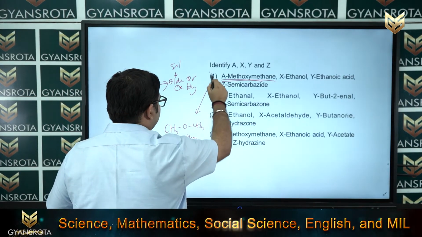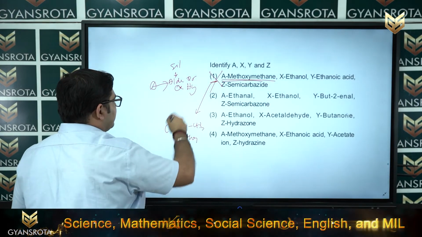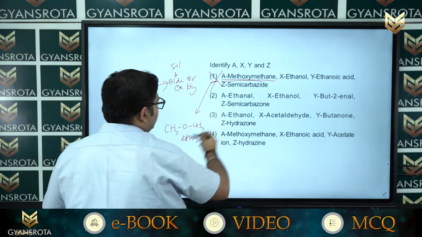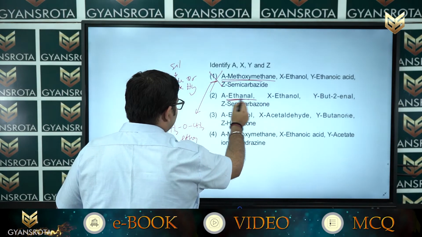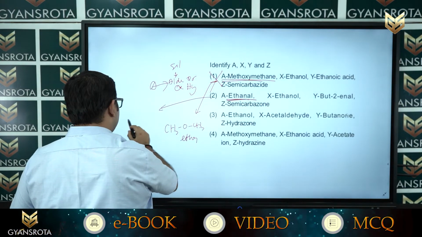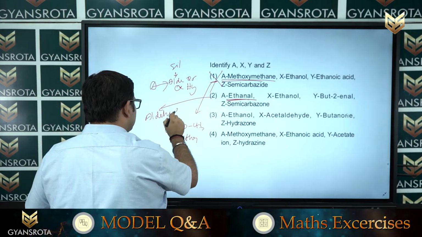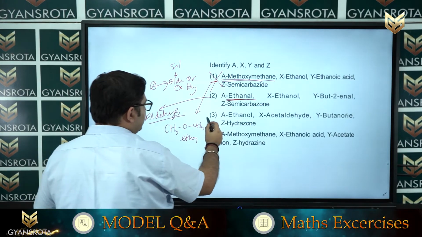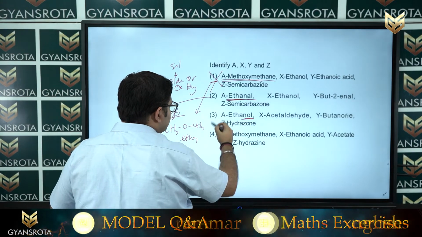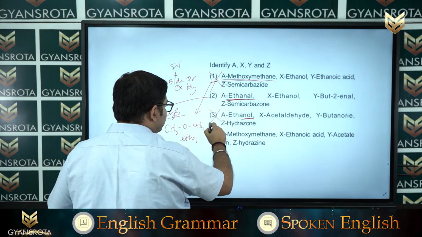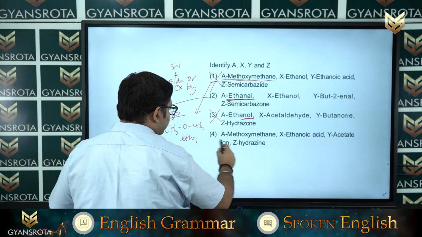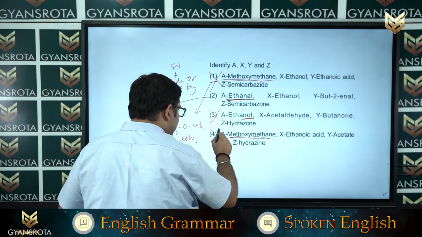So, this option number 1 is not possible because we need an aldehyde. Now they are asking about ethanal. Yes, this is one more compound, ethanal, because this is an aldehyde. So option number 2. Now if you see option number 3, ethanol, it is an alcohol, so this is not possible. Now again option number 4, methoxymethane, so we can neglect it.